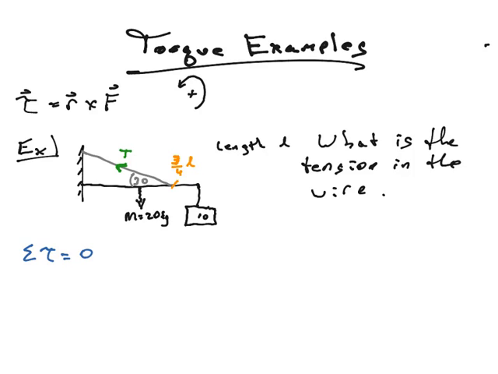Next, I need to know how many torques are on this pole. So how many forces are there? Well, I've got a force due to the sign, I've got a force due to the weight of the pole, and I've got a force due to the tension. So there's going to be 3 torques. Okay. Torque 1. Let's say torque 1 is the sign, torque 2 is the mass of the pole, and torque 3 is the tension.